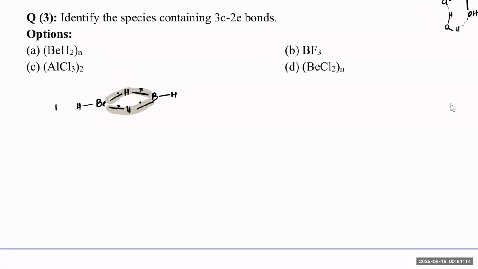I'll add it up here. One example is B2H6, which we learned. The other example is Al2(CH3)6.